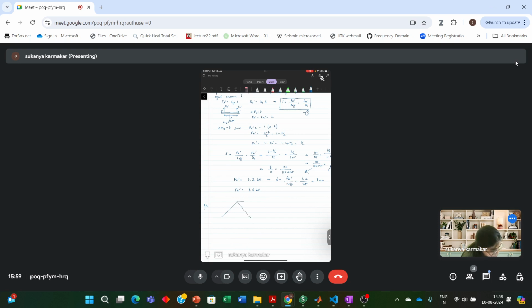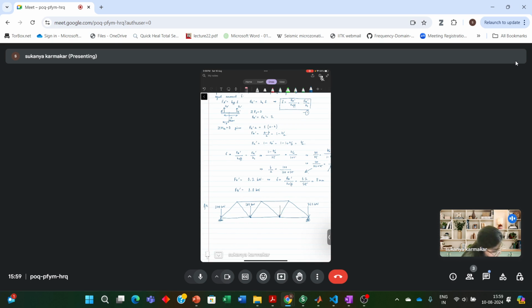This is the truss. Here you have a point load of 270 kilonewton. Here you have a point load of 360 kilonewton. Here you have a load of 180 kilonewton.